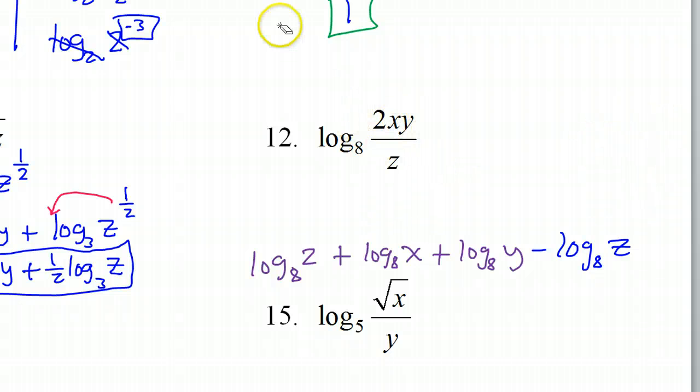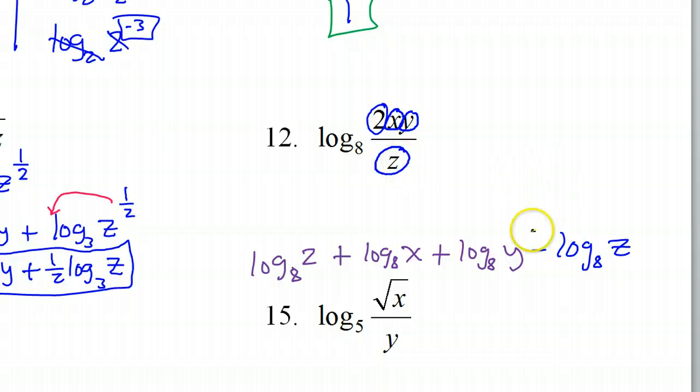He would say, look guys, you look at this problem and you see 4 things. Okay, we've got the 2, the x, and the y all in the numerator. Everything in the numerator, that's going to be addition. You know, it's going to be positive. And then we've got this thing in the denominator.